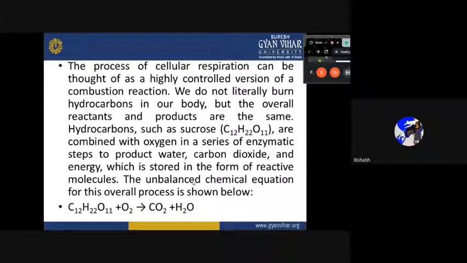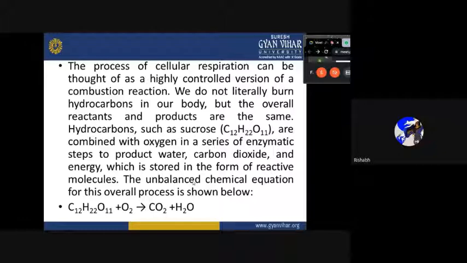Hydrocarbons such as sucrose are combined with oxygen in a series of enzymatic steps to produce water, carbon dioxide, and energy, which is stored in the form of reactive molecules. The unbalanced chemical equation for this overall process is shown below. So this is sucrose plus oxygen, and it will, as mentioned earlier, produce carbon dioxide and water.